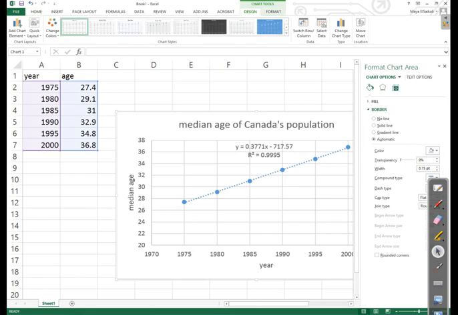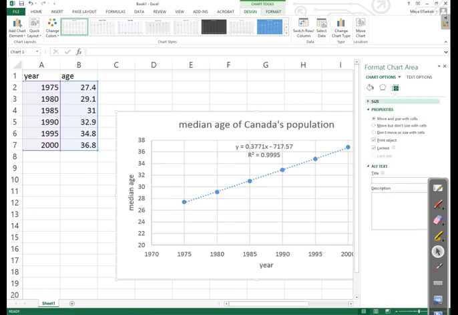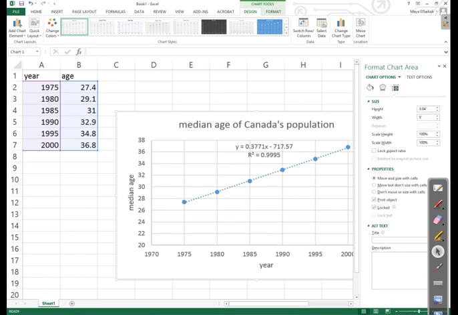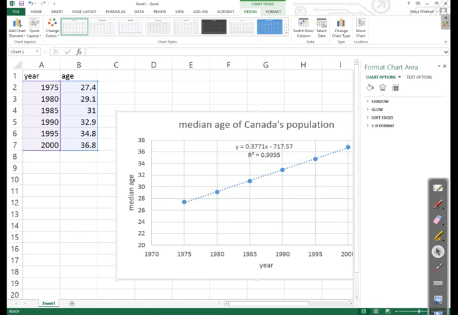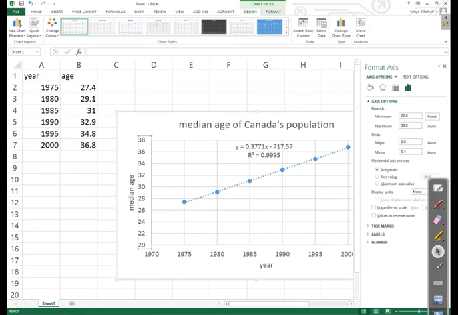There is a way that you can go here. Okay, so I double clicked on the vertical axis, and then I went to the chart right here, the axis options, and then I wrote 20.